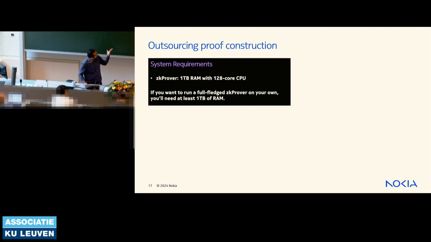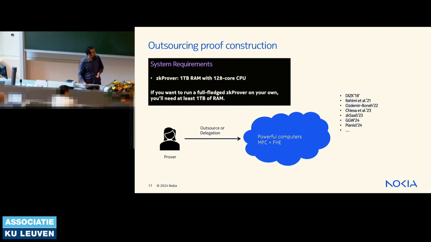So this is crazy. What people are doing right now, there's a line of research looking into proof outsourcing. In other words, you delegate the construction of the proof to someone else. It all started with the work DIZK.